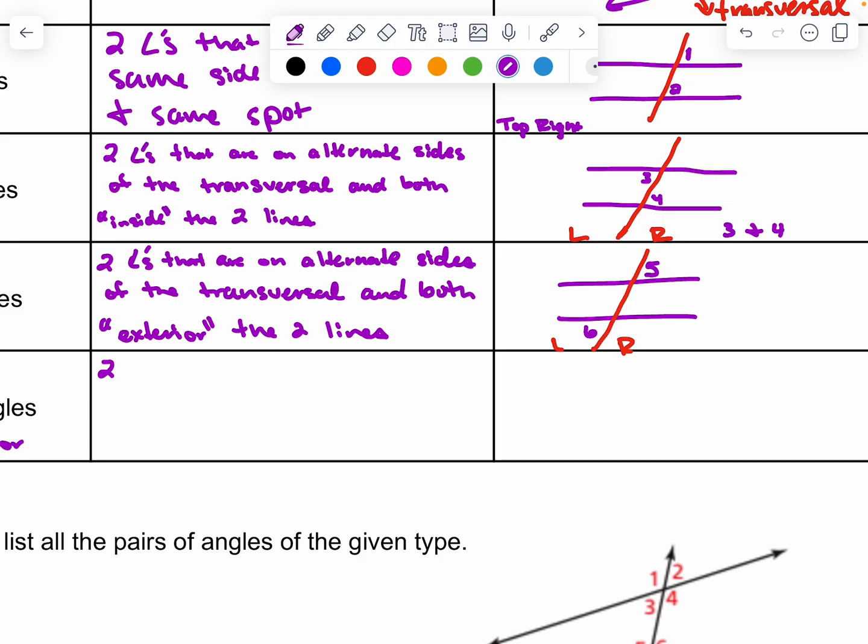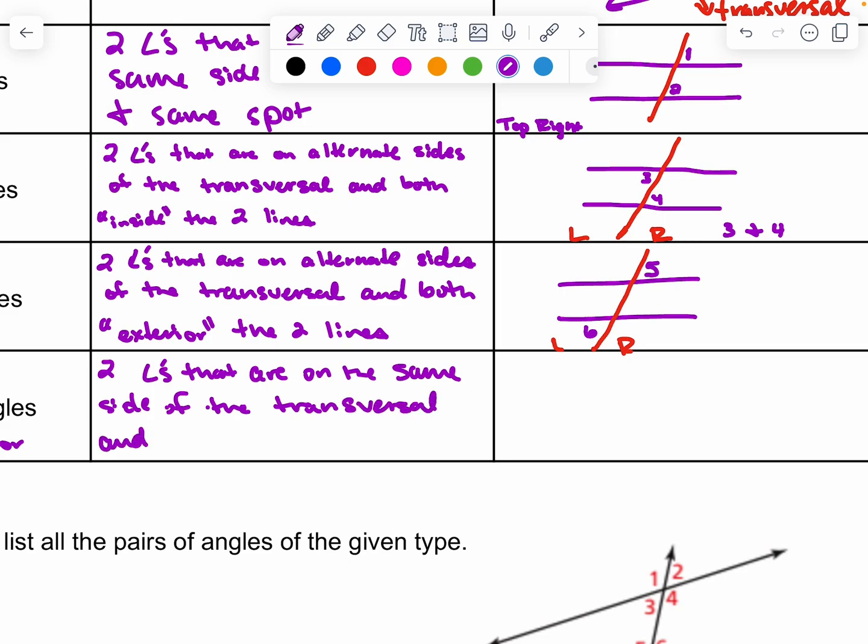These are 2 angles that are on the same side of the transversal and both inside.